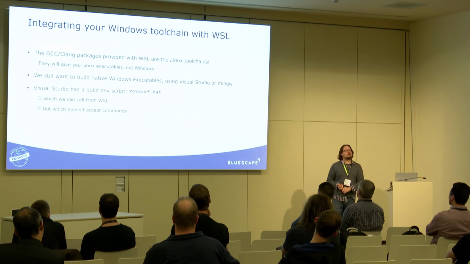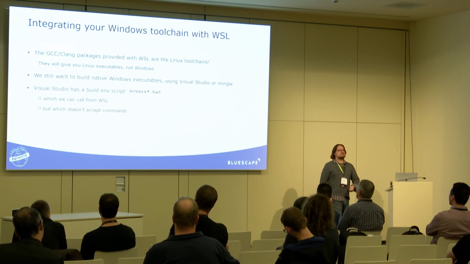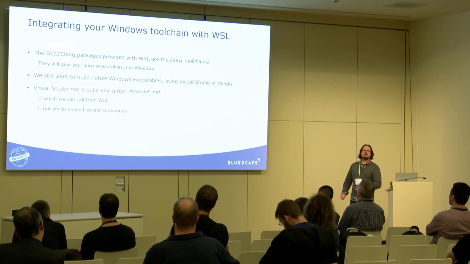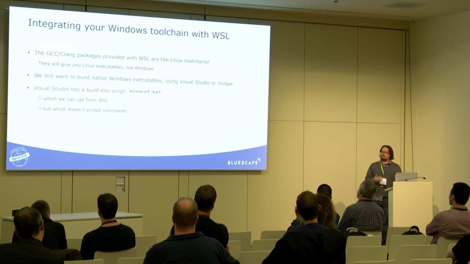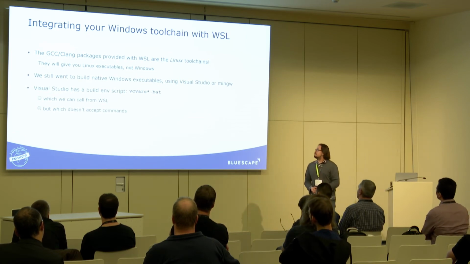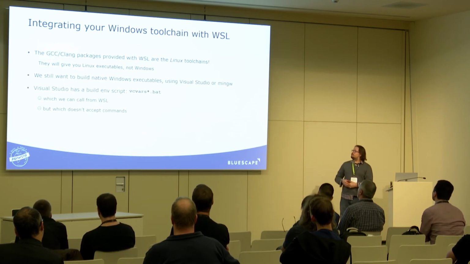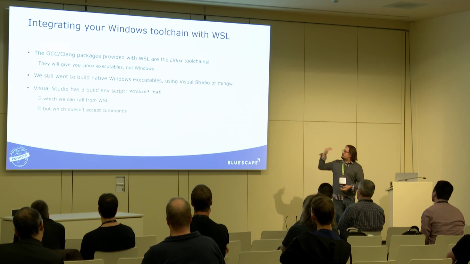They surely are installed as part of the Ubuntu distribution, but those are the Linux binaries. They will create Linux binaries. So these are not the ones you want to use if you want to create executables like .exe. Because we do want to build native Windows executables, you want to use Visual Studio or MinGW.